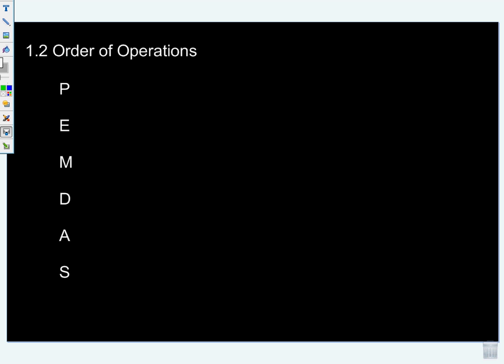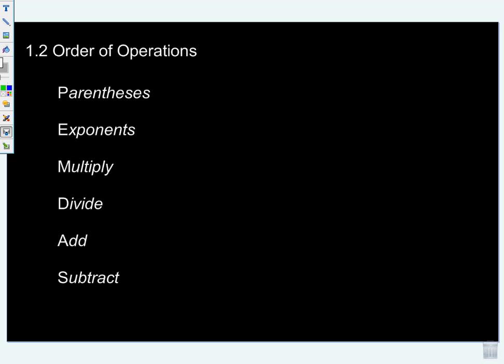PEMDAS is just an acronym that helps you remember the order to perform these operations in by performing parentheses first, followed by exponents, multiplication and division, addition and subtraction.